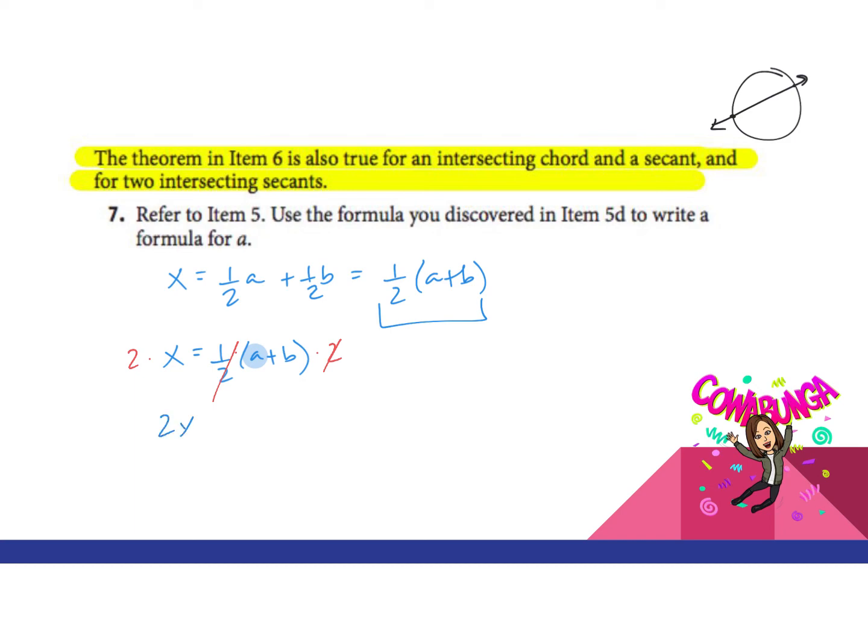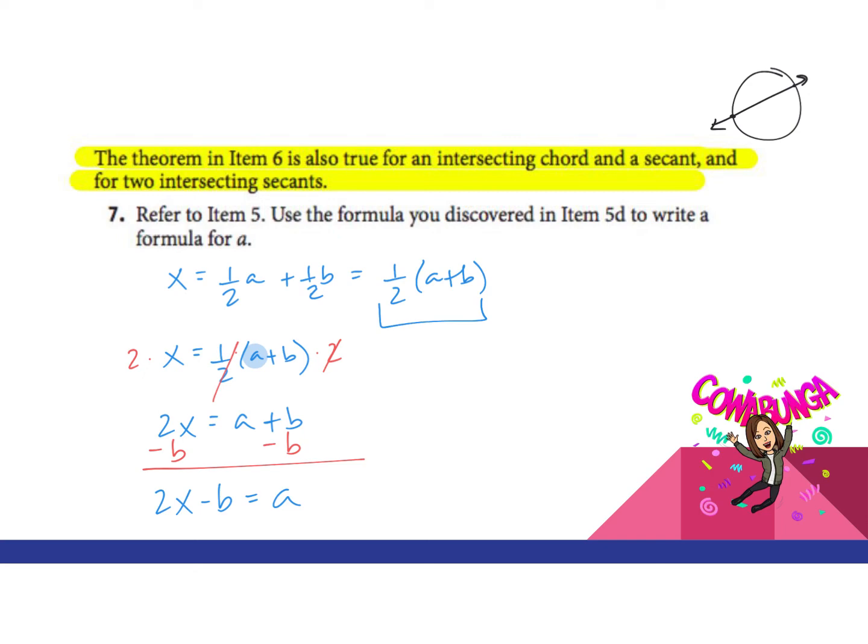So now we're going to have 2x equals a plus b. And the next step to get a by itself would be to subtract b. So lo and behold, we have 2x minus b equals a. And that's saying, let's imagine I have one of the arcs that I'm looking for. I could take 2 times the value of the vertical angles and subtract out the other arc to find that second arc.